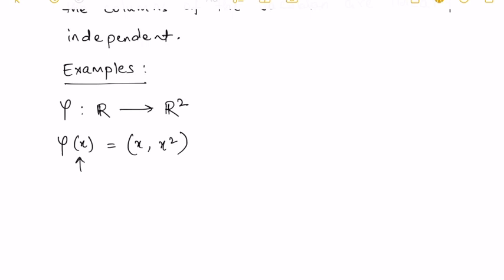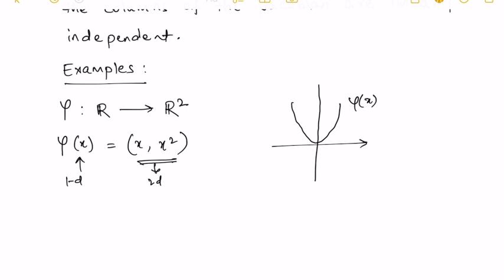So it takes in one value, 1D, and it gives us two values, 2D, right? So let's draw this function. We know from our coordinate geometry that this function looks like this. This is psi of x, and let's say the coordinate system here is y1, y2.